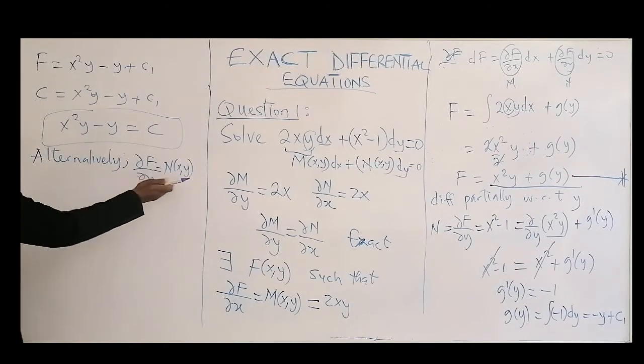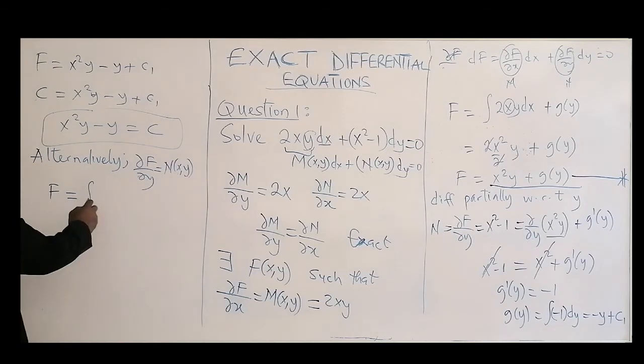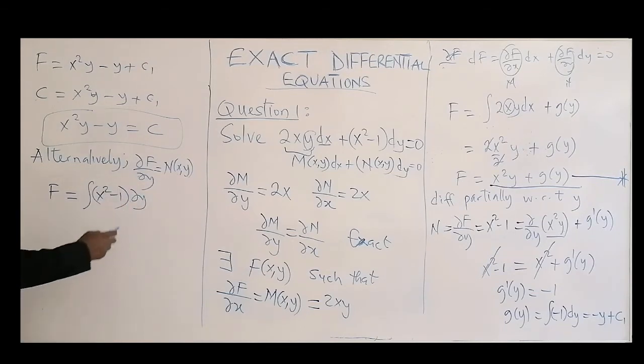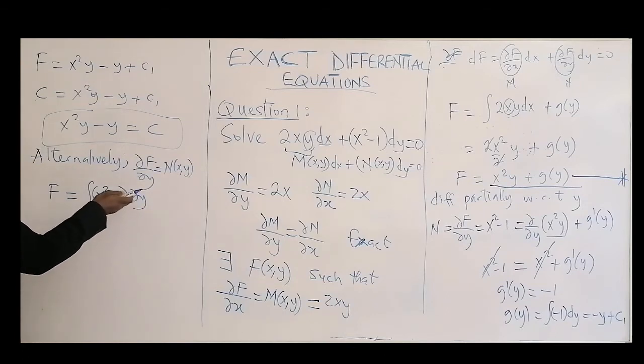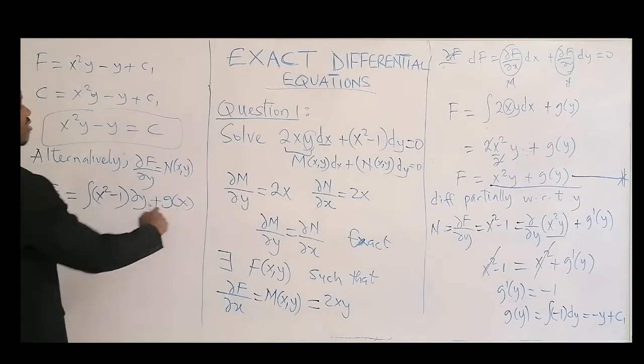And if you want to do that from here, what you do is just integrate both sides. Then you have f equal to what? Partial integral of your n, which is your what? Your n is x squared minus 1, okay, and then delta y, dy. And in this case now, you are integrating with respect to y, so your constant is g of x.